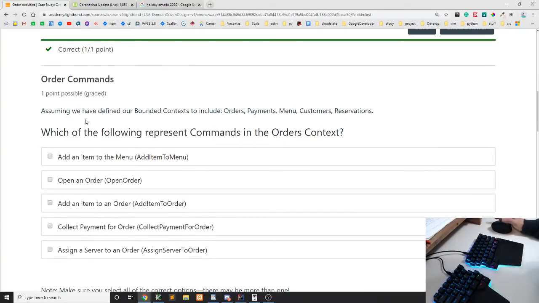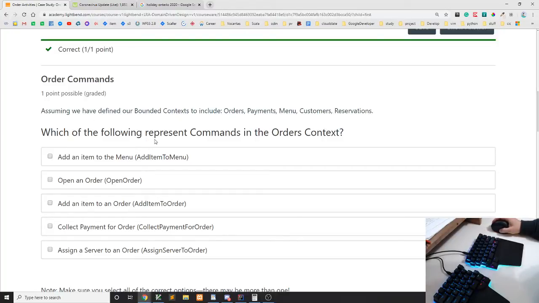Assuming we have defined our bounded context to include orders, payments, menu, customers, reservations, which of the following represent commands in the order context?